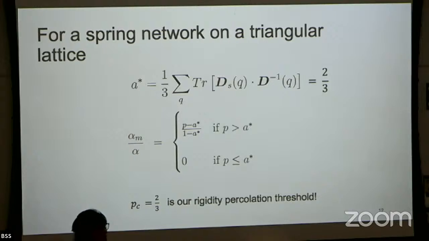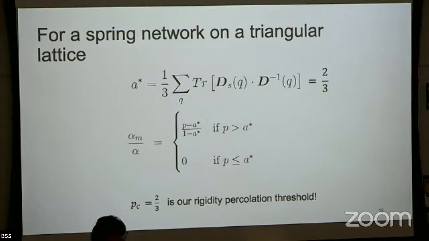Why is that a star? I see that we define something, a star, as this. Why is that the same thing? So I'm showing you how to calculate a star.